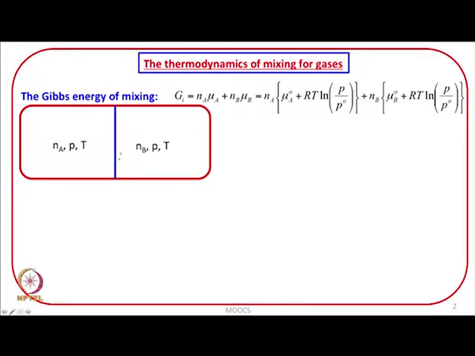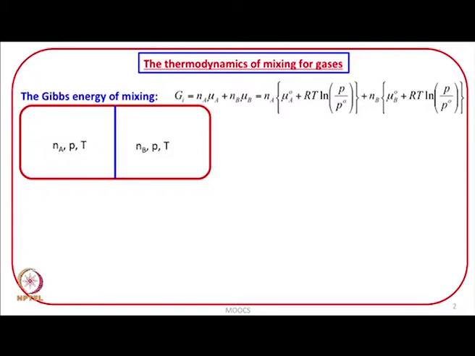Now, let us remove this partition. Once you remove this partition, these gases will mix with each other. However, since the pressure on both sides is same, there is going to be no change in pressure, there is going to be no change in temperature.